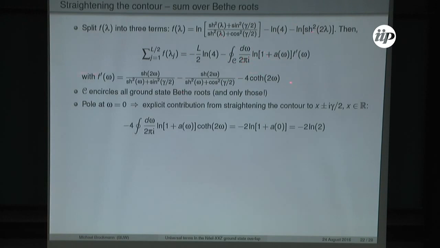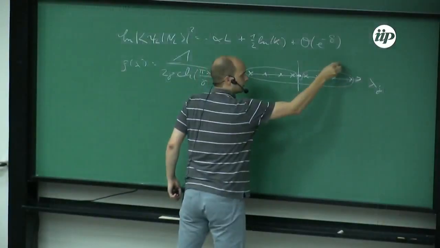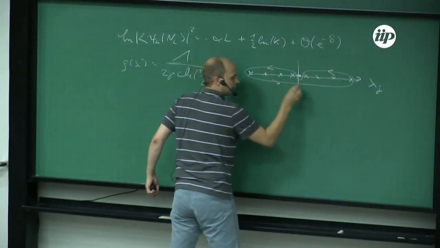Then you will see that this f prime has a pole at 0. But as I mentioned before, the contour C encircles only the ground state Bethe roots. So you have to choose it in this particular case, for example, like this, and it goes in this direction.